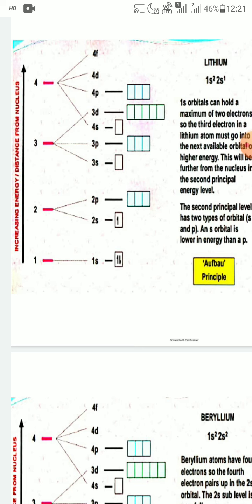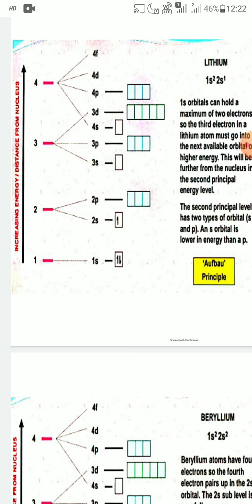Now electronic configuration of lithium. Lithium atomic number is 3. So first you have to write down the symbol of subshells, that is 1s 2s, like this. Then you have to give total 3 electrons, means in the 1s orbital 2 electrons, and after that you have to put the rest 1 electron into the 2s orbital.